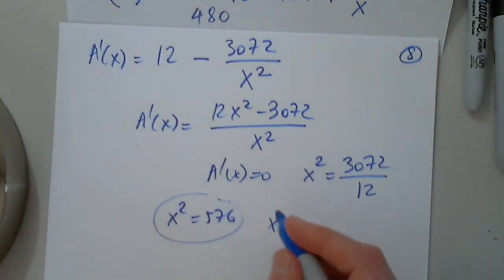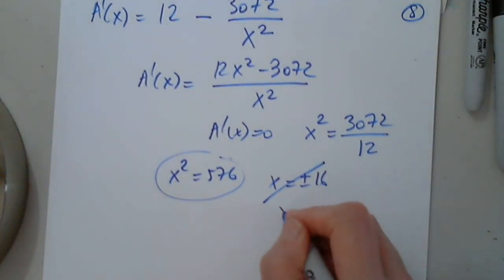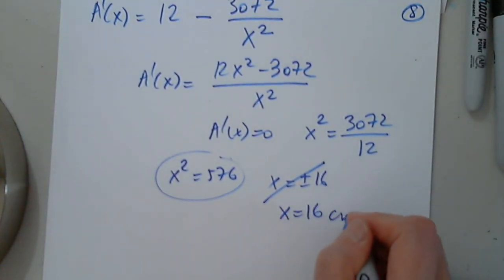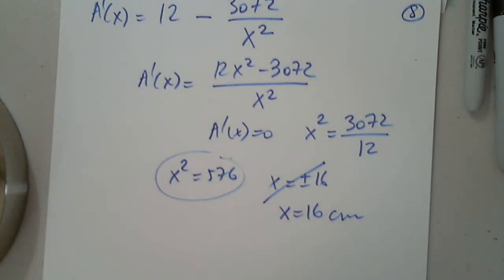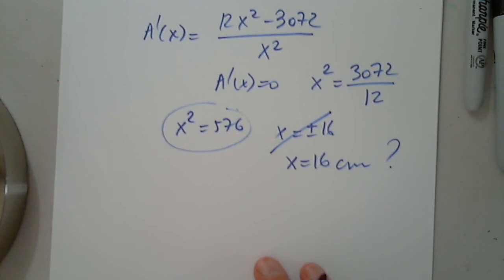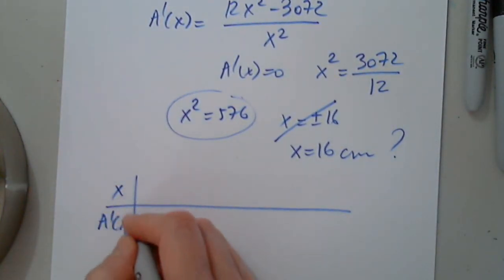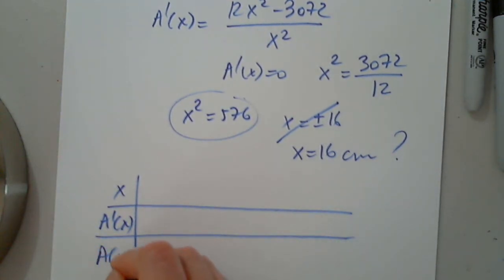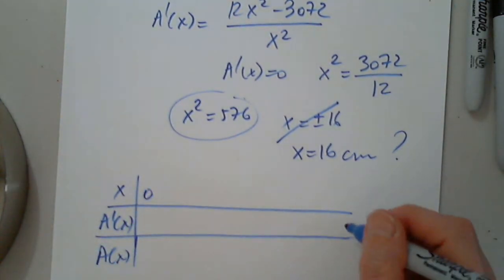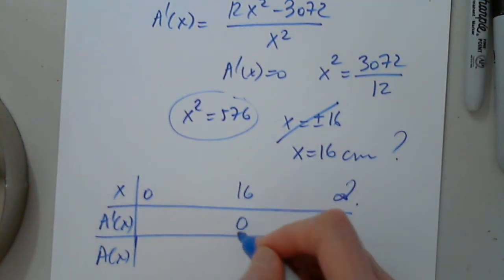Please, this is a quadratic equation. I have to write this and cut it out and say only 16 centimeters. Please remember, quadratic equations have two solutions. Of course, it cannot be infinity, you know what I mean. Okay, so it's 16, 0.